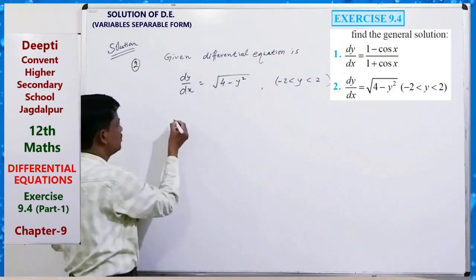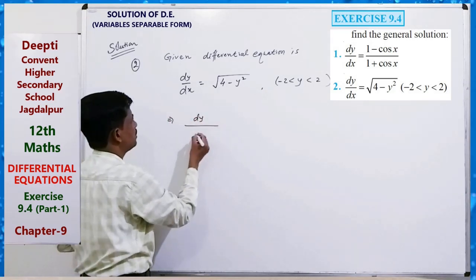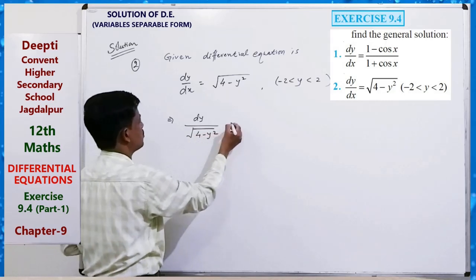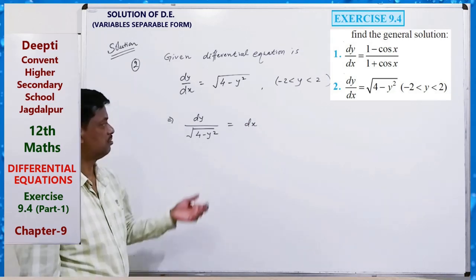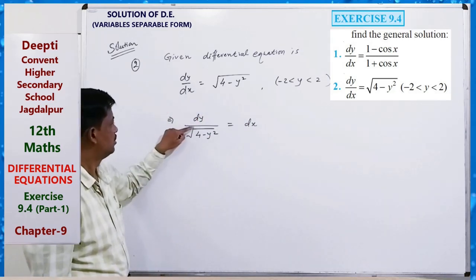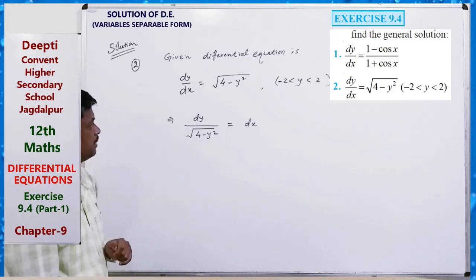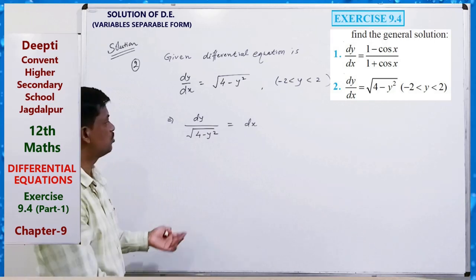So here we can separate like this: dy upon root of 4 minus y square equals dx. Take the function of y with dy, and here single dx only. So integrate on both sides.